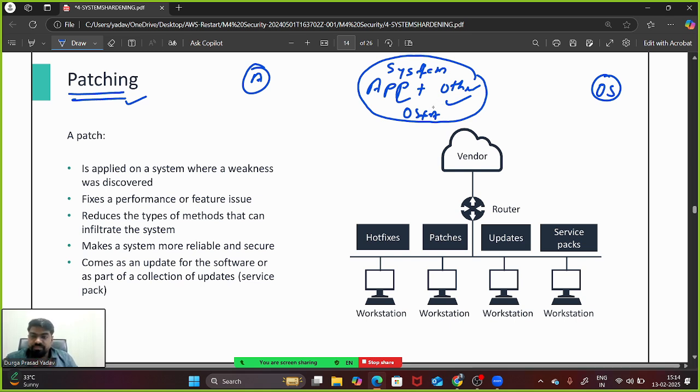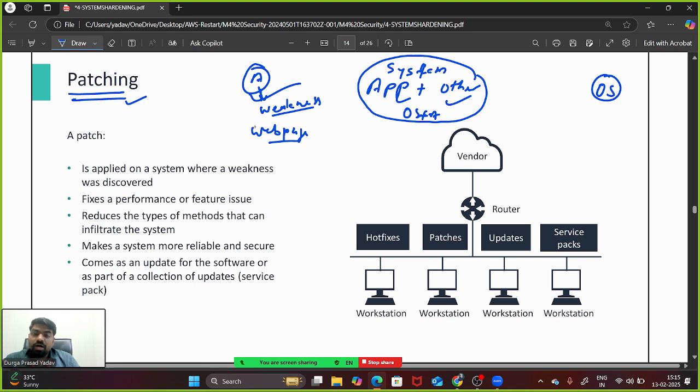Now let's say this is your application. In this application there is some weakness at any point, at any web page. Or whenever you are designing it dynamically, maybe because of multiple APIs or features, we are facing some weaknesses in our system, in our application.